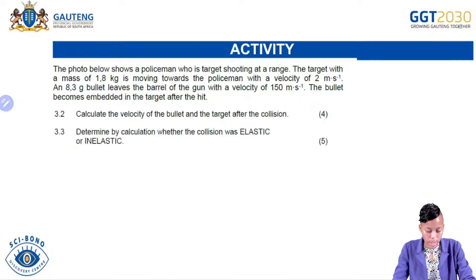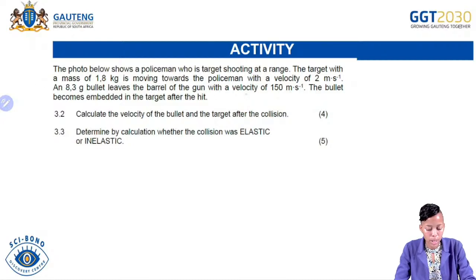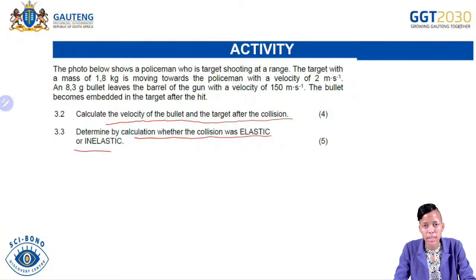Let's have a look at the next one. Again, we are given the same information, and now 3.2 says we must calculate the velocity of the bullet and the target after the collision. 3.3 says determine by calculation whether the collision was elastic or inelastic.